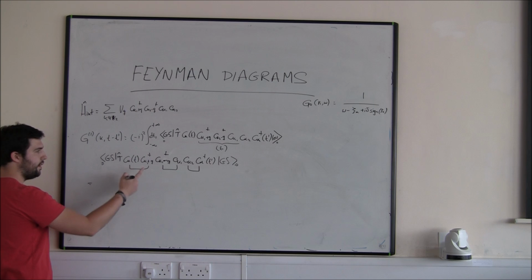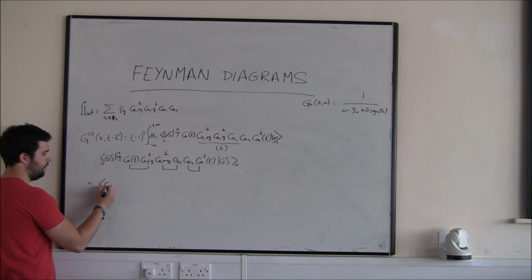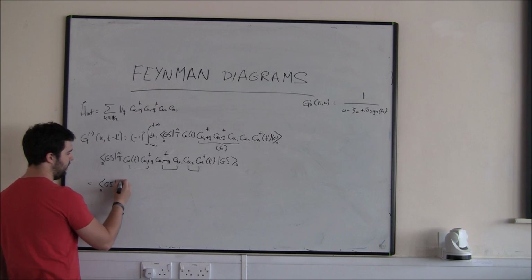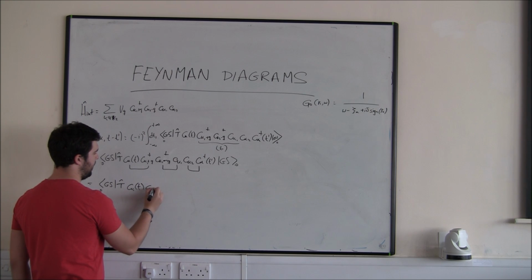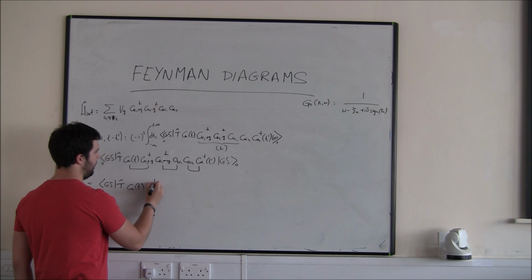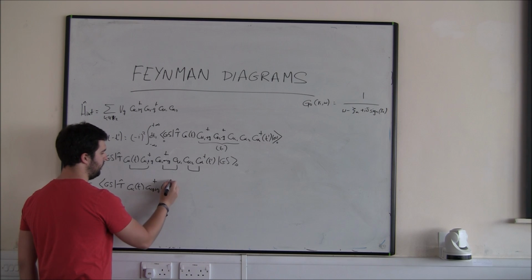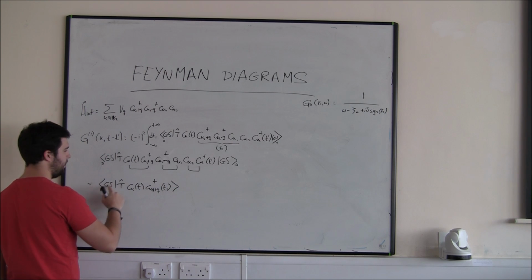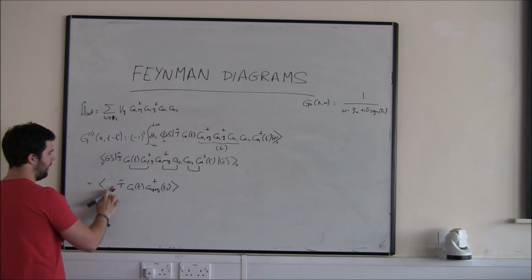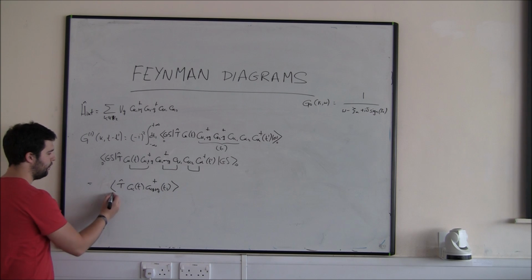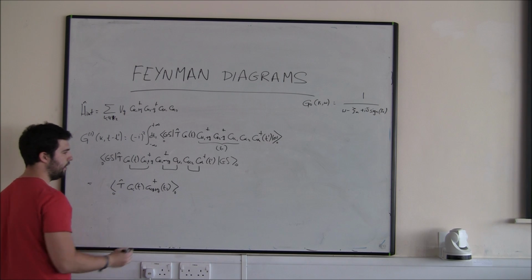So Wick's theorem tells me that this is equivalent to having the time-ordered average of c_k of t with c_{k1+q} dagger of t1, and I close the average. I'm not going to use the ground state anymore because it's totally understood that it's an average with respect to the non-interacting ground state. So if you want, we can use that notation here.